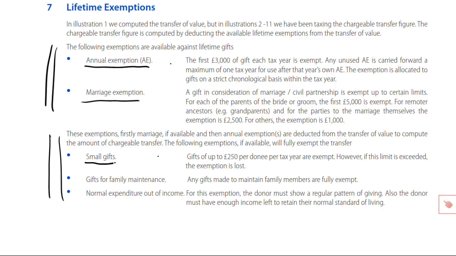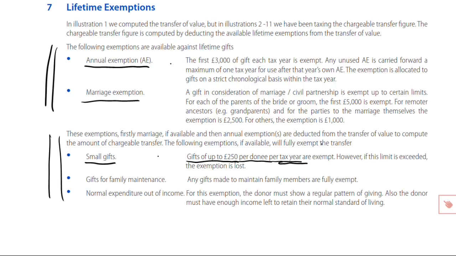First of all, there's a small gifts exemption. Now, we measure small by gifts up to £250 per donee per tax year. Per donee. So you can give any number of different people up to £250 per tax year. So this is an aggregate total for the tax year.